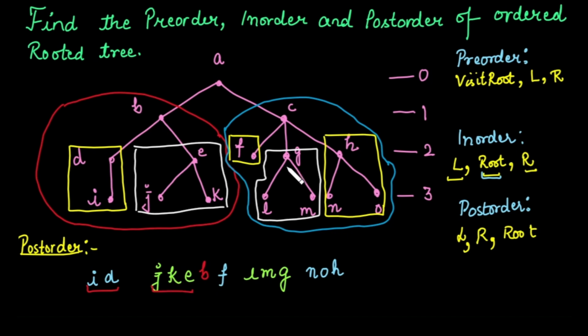Whereas for this subtree, left child is F, right children we have 2, and then root.